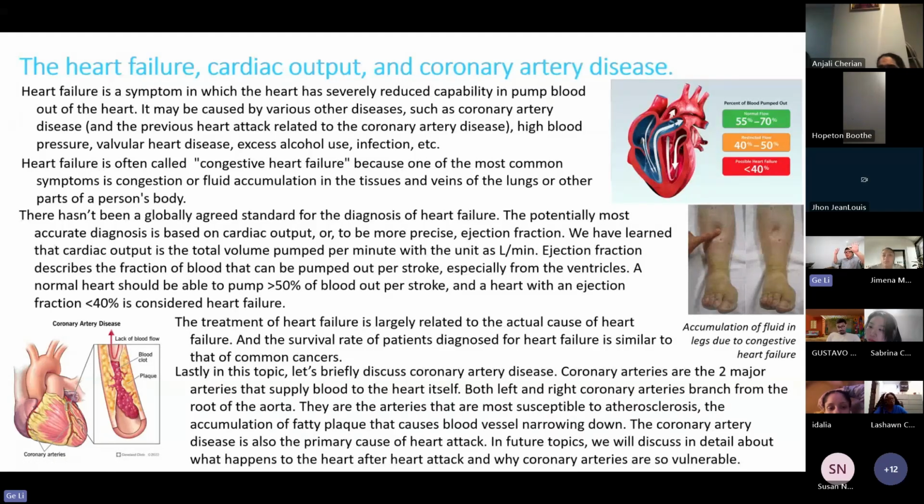So there are two major things you want to remember in this slide. The clinical diagnosis of heart failure: ejection fraction less than 40%, and obvious symptoms, congestion, the accumulation of fluid in the lower legs.